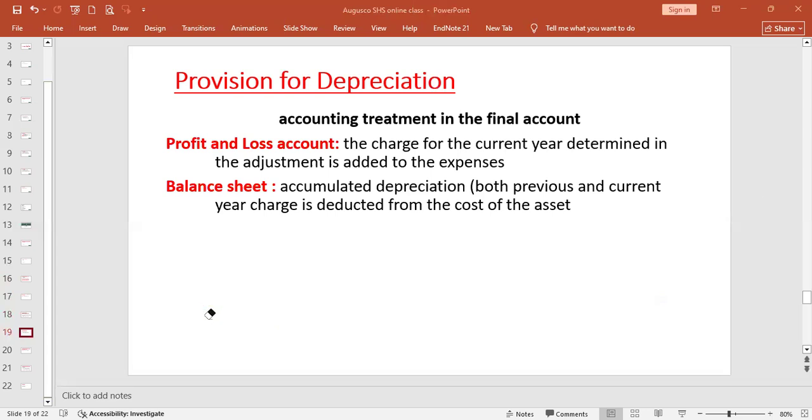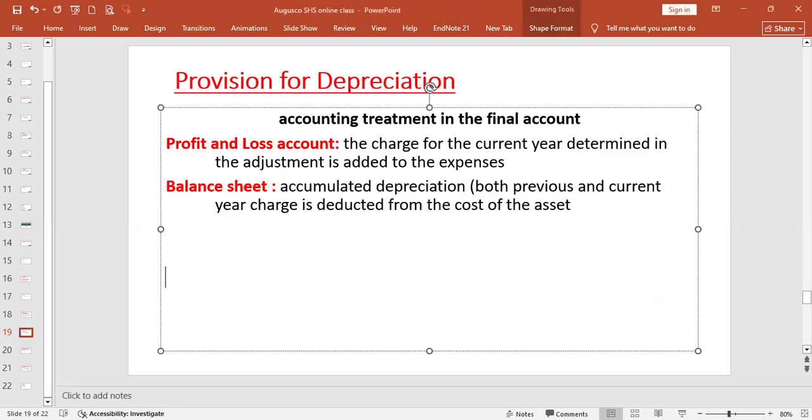However, let me be quick to add this and note it that in accounting, land is the only fixed tangible asset that is not depreciated.